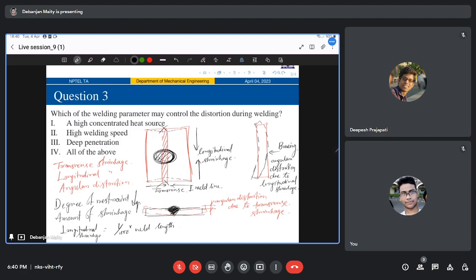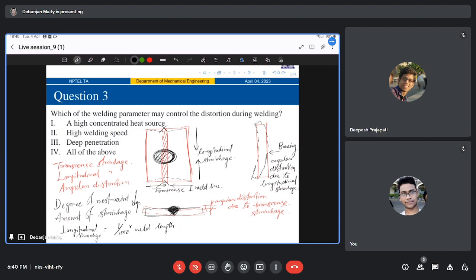Correct. And then you have angular distortion, which is the result of non-uniformity of transverse shrinkage through the thickness. This is largely a function of joint configuration and the cross sectional shape. So yeah, that's it really.